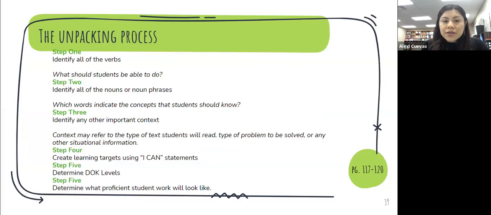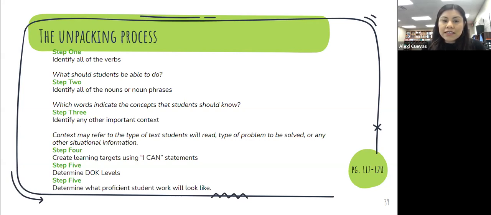So then we get into the unpacking process. There are a few steps, and I'm going to go over the steps, and then I'll walk you through some examples. Step 1 is to identify all of the verbs in the standard. Ask yourself, what should students be able to do? You can either underline the verbs or highlight the verbs. Either one works.